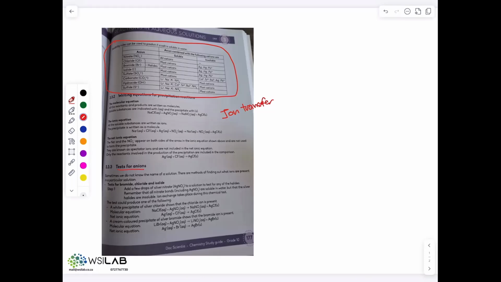Next week we're going to look at precipitation reactions, and in them I'm going to do ion transfer reactions, because all precipitation reactions are ion transfer reactions. Then we're going to do a lesson on testing for ions. So this is one section we're going to do together. Obviously, you can do it beforehand on your own and have questions.